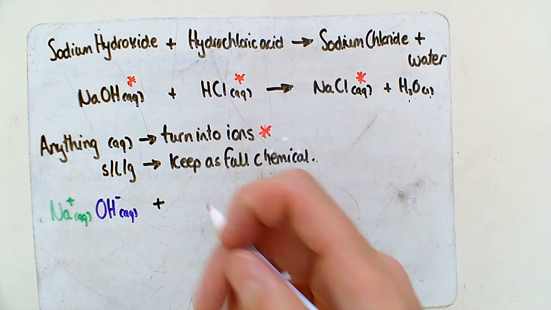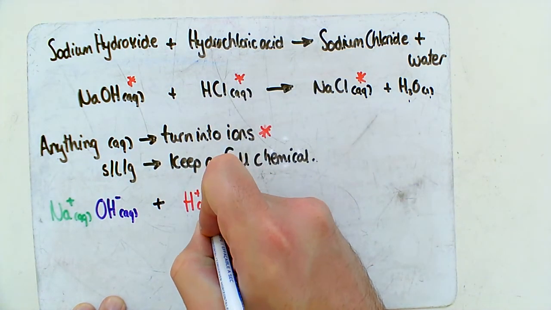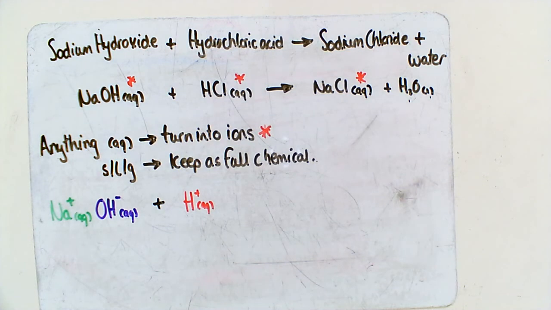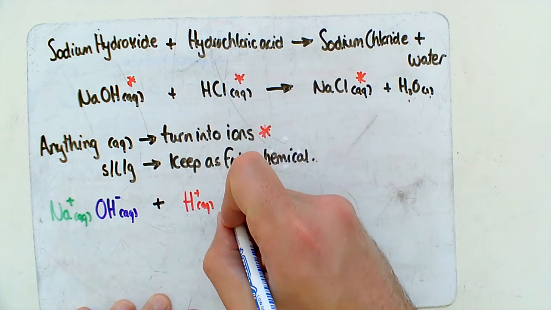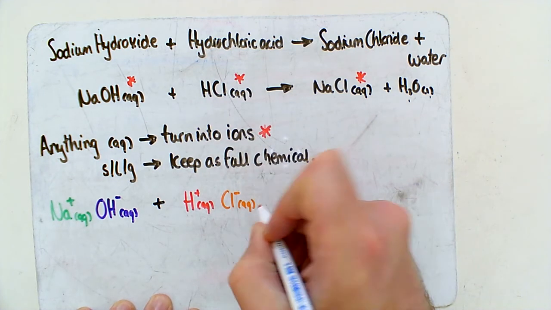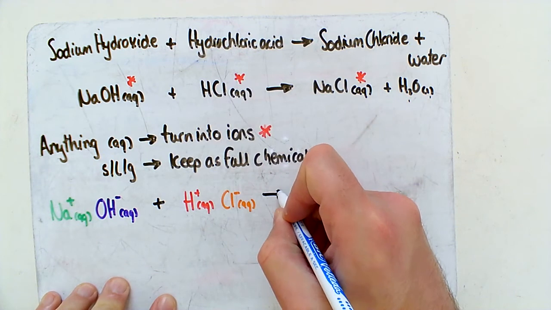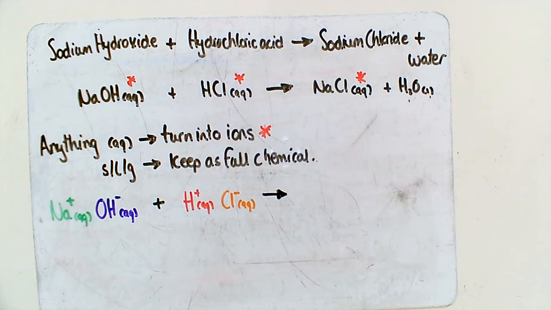Now we have hydrochloric acid, which we know acid produces H plus. And we then have chloride, Cl minus. Again, AQ. We have our arrow as normal. We've got sodium chloride.